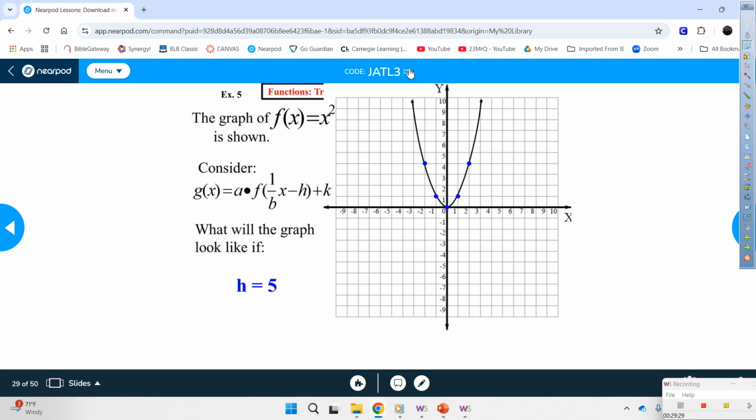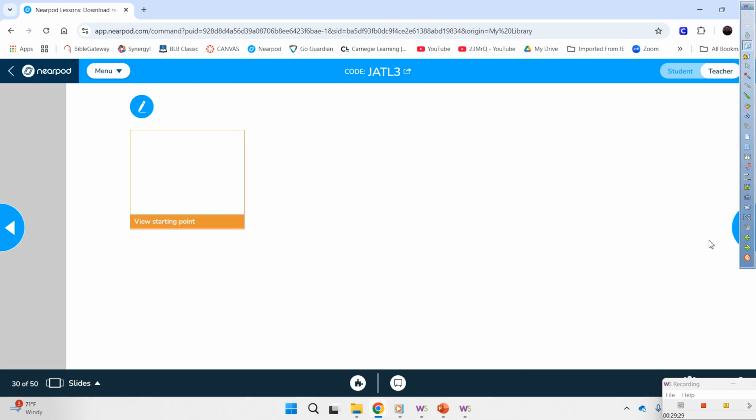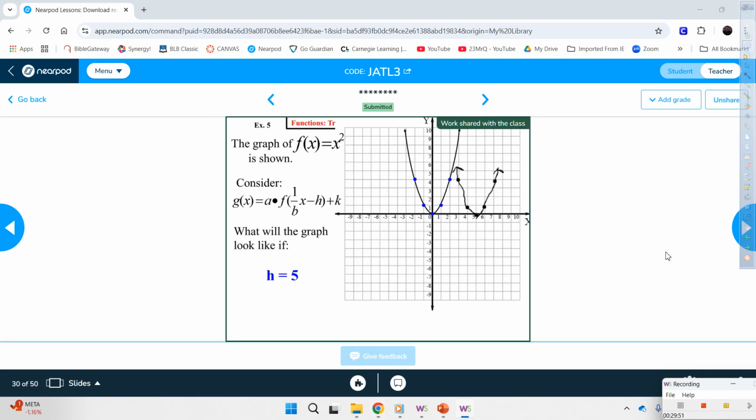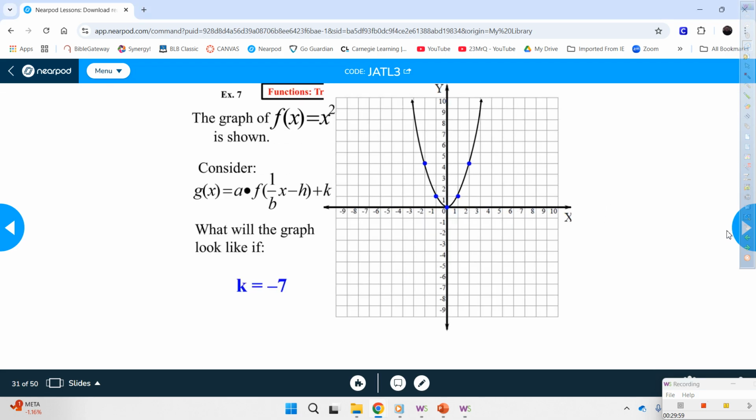Next one. H is 5. Tell your neighbor what's going to happen to this entire graph with H is 5. All right, graph that on your screen, please. Yes, we move it to the right. It's a positive number. All right, let's go to the next one.